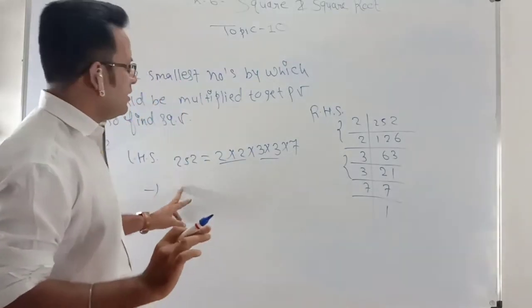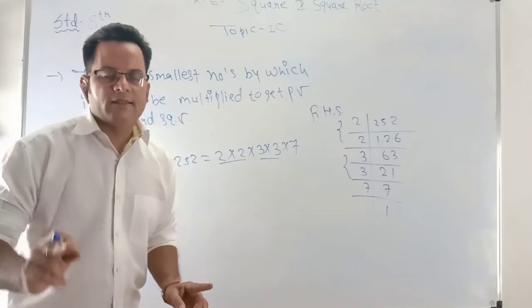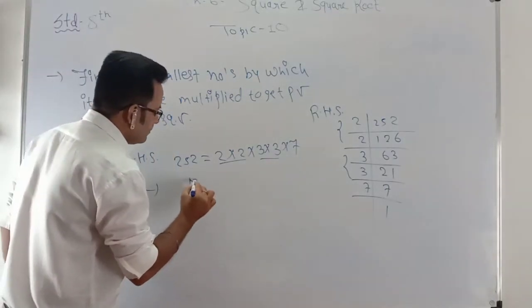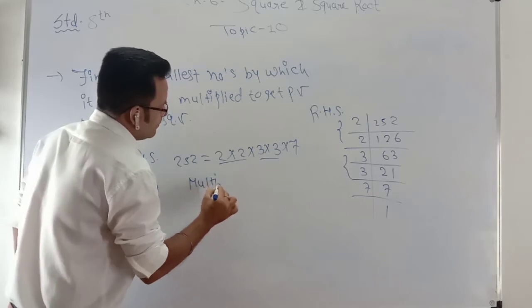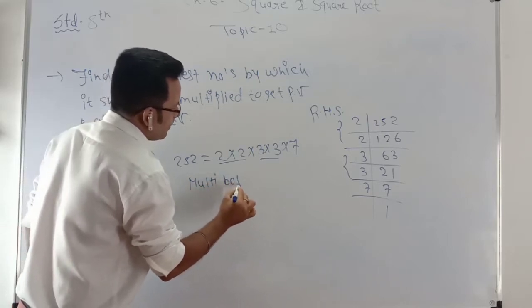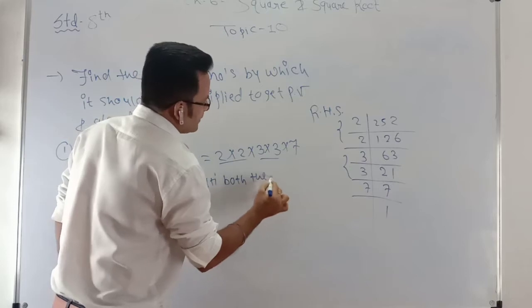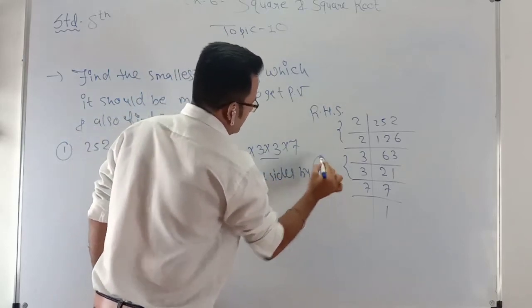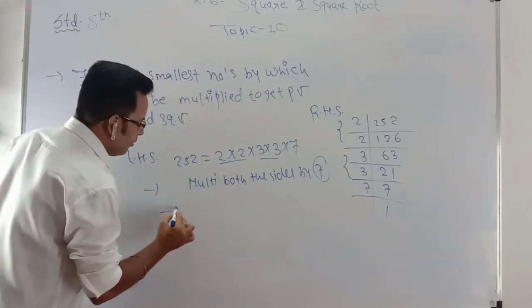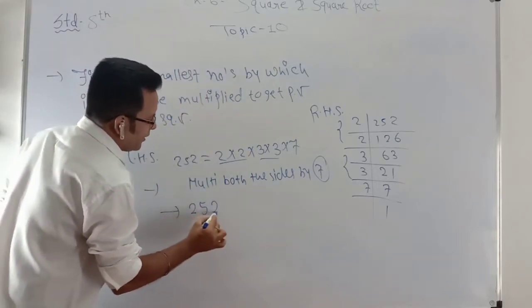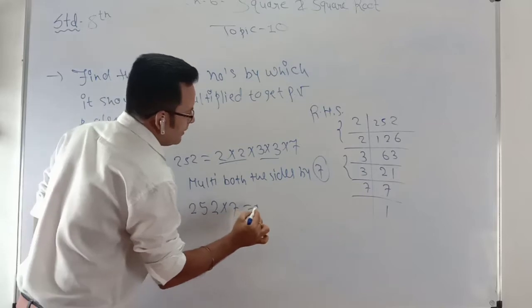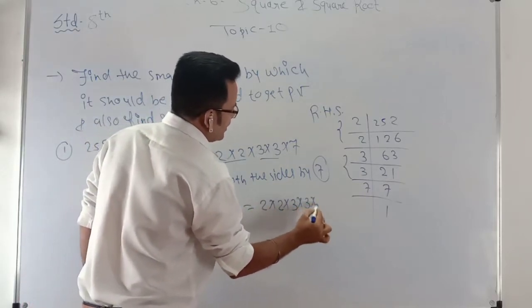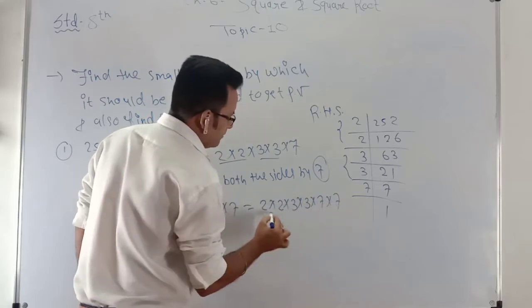So here you have to multiply both the sides by 7. So 252 into 7 is equal to 2 into 2 into 3 into 3 into 7 into 7.